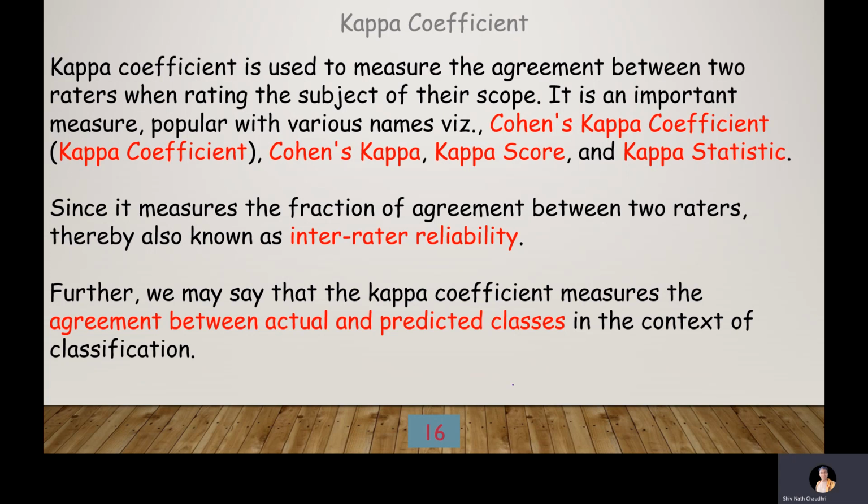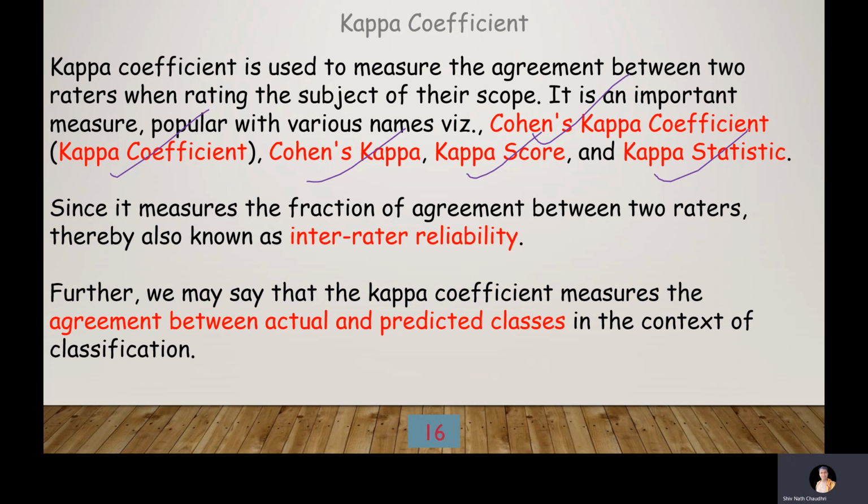Originally, the kappa coefficient had been developed to rate the agreement between raters. Various popular names have been given to it in the literature. For example, Cohen's kappa coefficient, Cohen's kappa score, and kappa statistic.